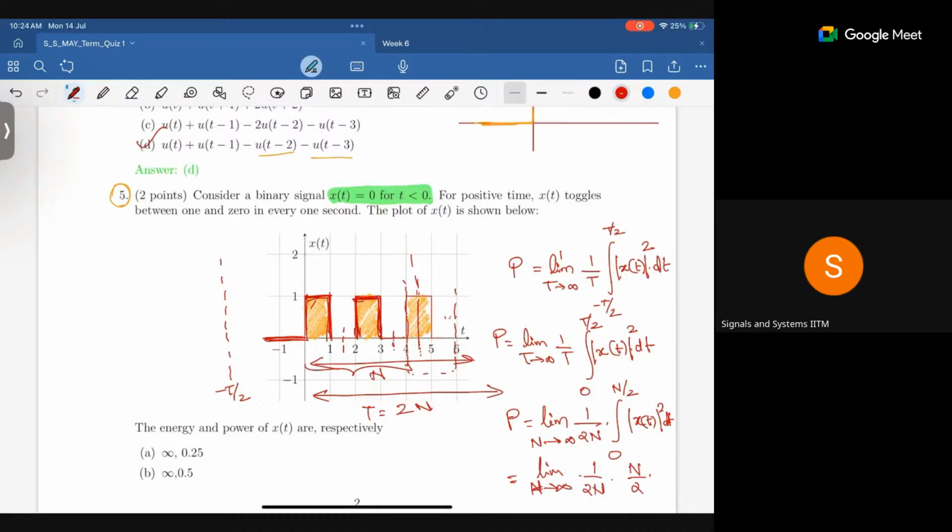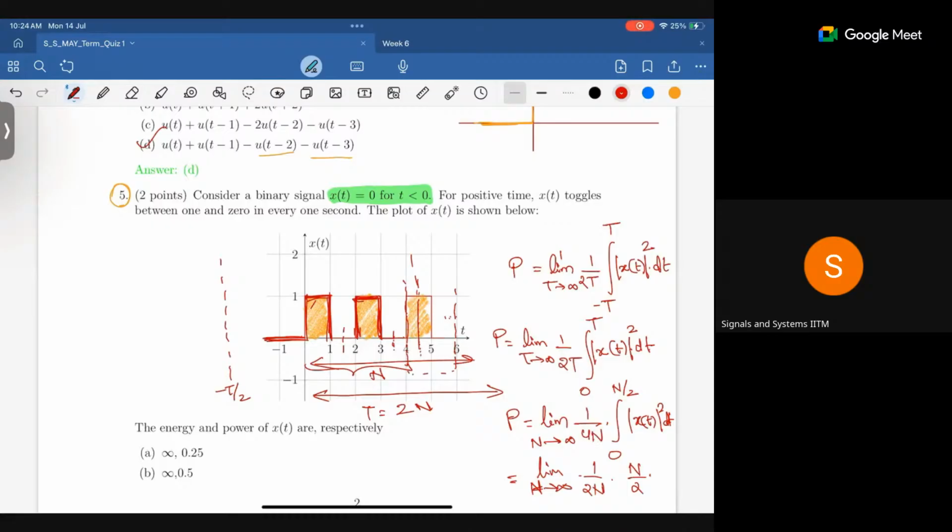Is this clear? Or if you want to take 2t, from minus t to plus t, that would be clear, I guess. So 1 by 2t, you integrate from minus t to plus t, and that is equivalent to integrating from 0 to t. 1 by 2t is basically 4n. Okay, let's keep it 2t here. So this will become 4n.